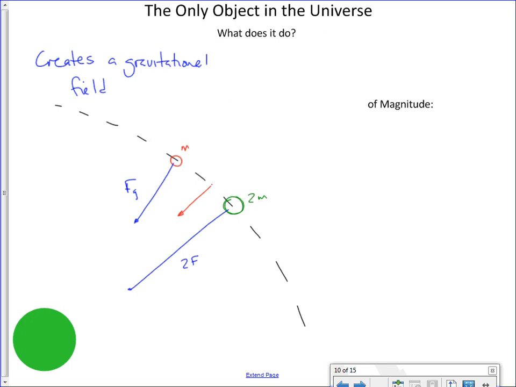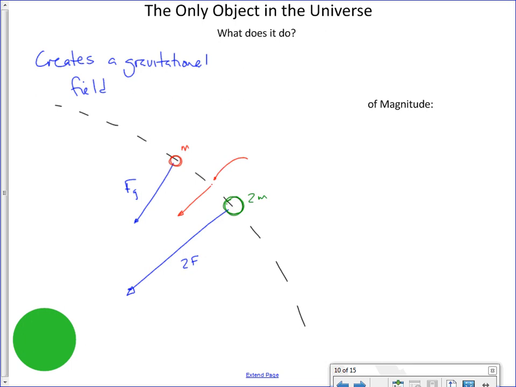So, what you have to notice are a couple of things. First, these force vectors in blue are forces exerted on objects, on this green mass and on this red mass. Okay? But this red vector here is the gravitational field, that is not a force, right? Because this is not a thing.